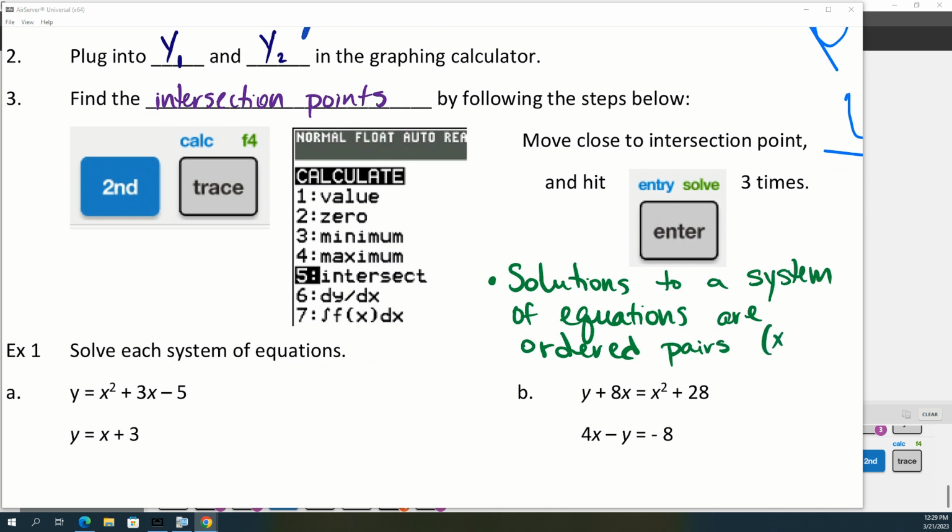So you're going to have an x and a y. If you're solving a system of equations, your solutions are the x and y where they cross.